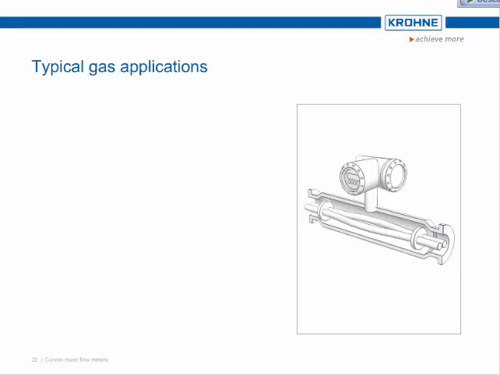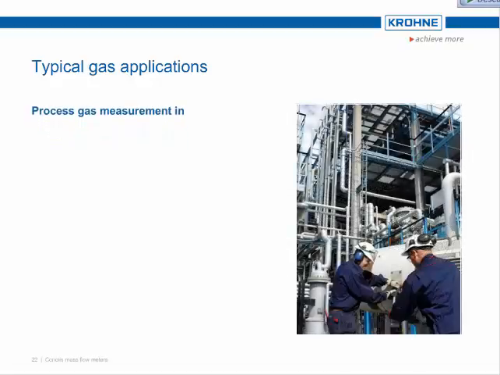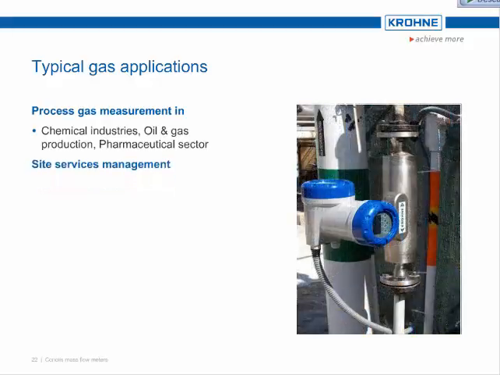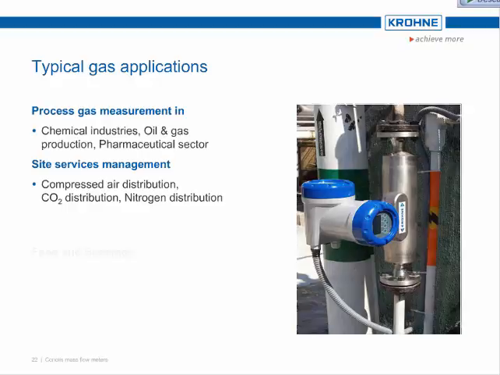As we have seen, Coriolis mass flow meters are also suitable for the measurement of gases in many industry sectors. Process gas measurement, chemical industry, oil and gas production, and the pharmaceutical sector. Site services management in compressed air distribution, CO2 and nitrogen distribution.